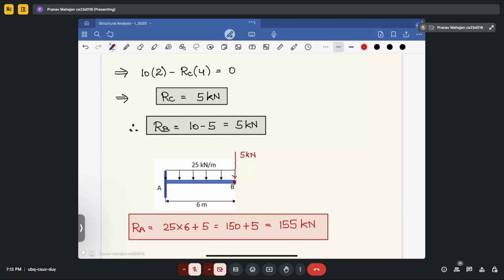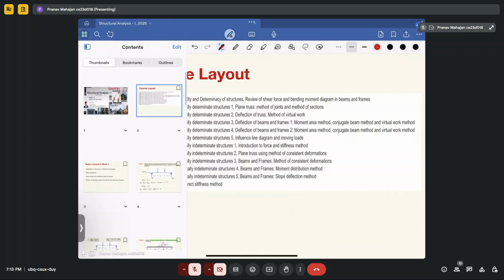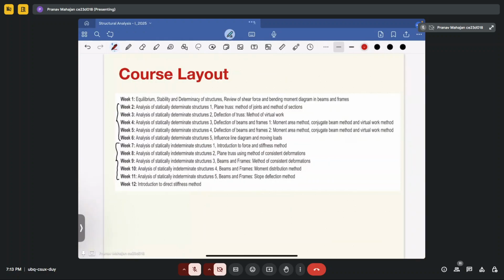From the next session, we will solve the problems related to trusses, using method of joints as well as method of sections.